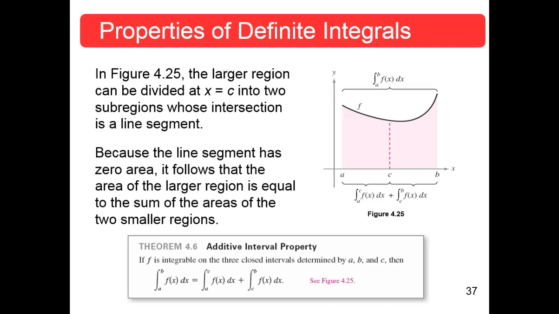If that relationship holds, then the integral from a to c of f of x dx plus the integral from c to b of f of x dx is equal to the integral from a to b, because these two are the same values, so sure enough, that is equal to that. Now, let me think, if they were any other order, it probably would still work. Well, I don't want to say that. If a is less than c is less than b, that for certain works. We should have said that because they're referring to that figure.